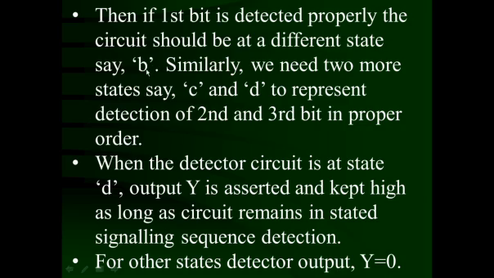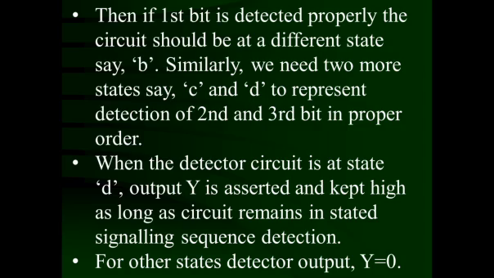So this way, 4 states are required in a Moore model. When the detection circuit is at state D, the output Y is asserted. That means output Y is detected and it will signal out, and is kept high as long as the circuit remains in the state signaling sequence detection. For other states, output Y is going to be low. That means in state A, none of the bits is detected. In state B, only one bit was detected.